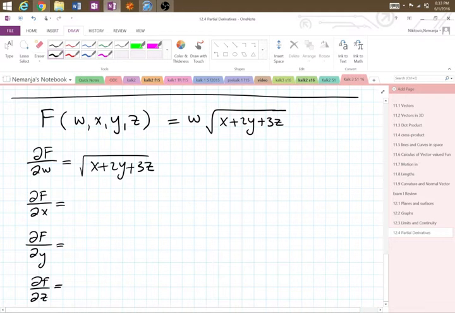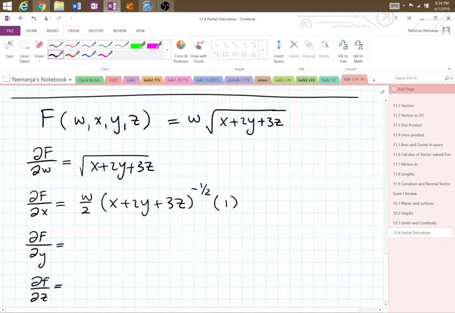We have partial derivative with respect to x. So what do we have? Well, we have w over 2, right? Because w is a constant, we have to copy that. And we have to do the chain rule, very good. So it's w over 2. We have x plus 2y plus 3z to the negative 1/2 times the derivative of the inside, which in this case is just 1, because the derivative of x is 1.